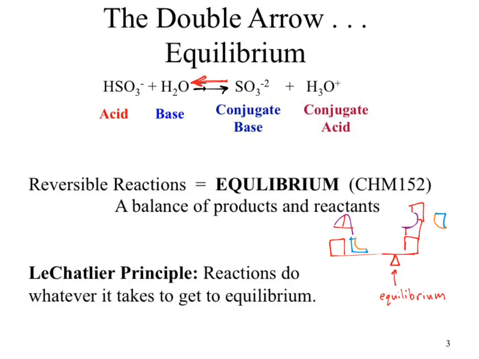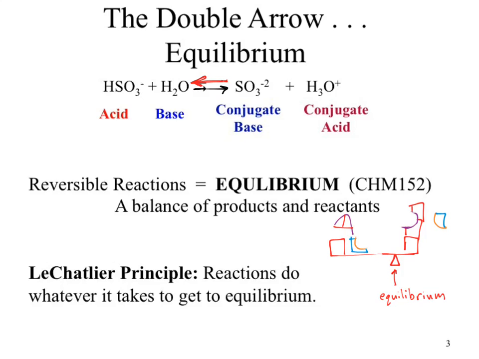Kind of makes sense? So what we did is we put a whole bunch of reactants on it, so now there's too much reactants. The reaction has to figure out how to get the balance back. To get the balance back, I have to put some products down to lift that back up. But we can't create matter. So what does it do?